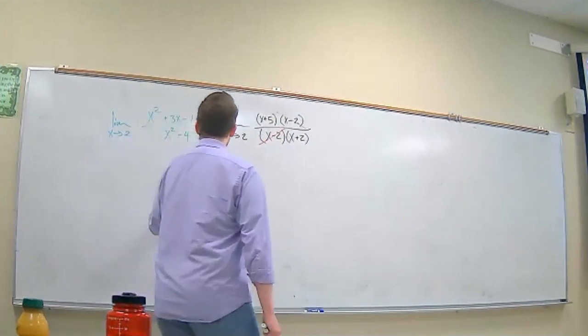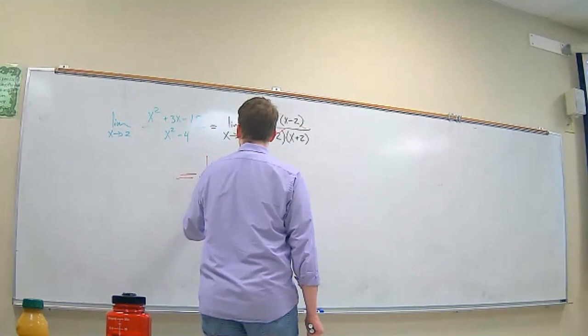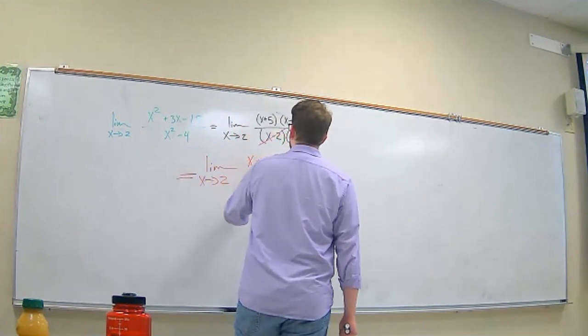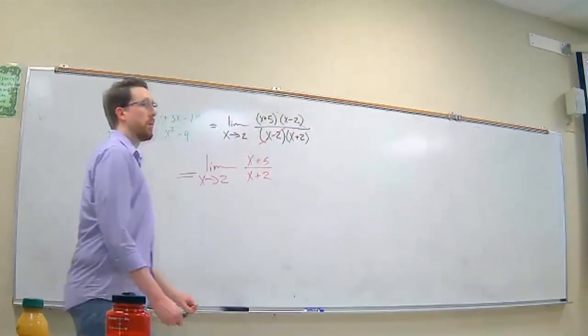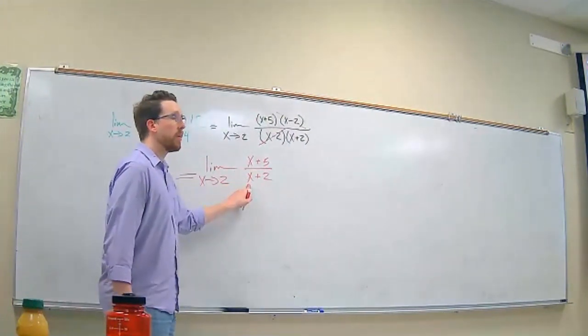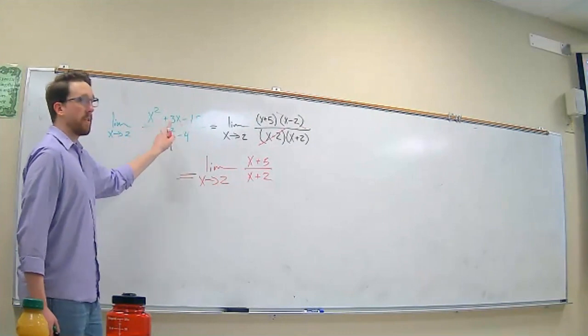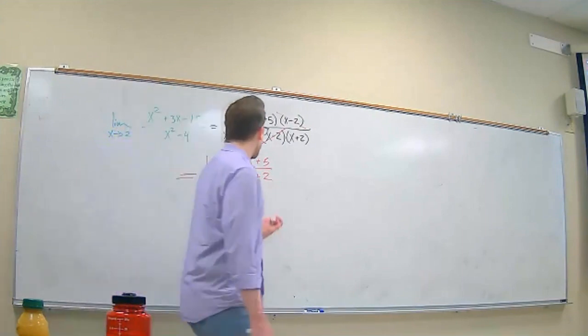So this is going to give us then the limit as x approaches 2 of x plus 5 divided by x plus 2. Now we can just apply the limit directly, right? There are no discontinuities here. But there was before, because if we put 2 in, our denominator gave us 0. So now we can solve this problem outright.